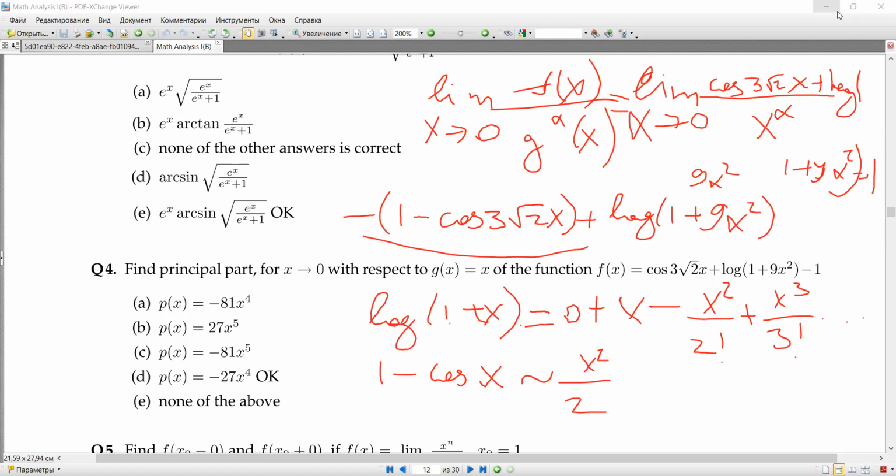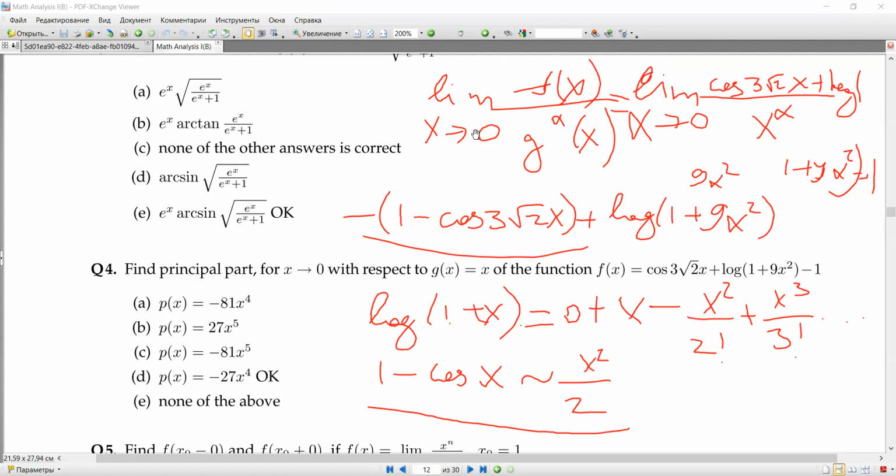Yes, correct, Abdullah. That's why we can use the equivalency this way: 1 minus cosine x is equivalent to x squared over 2. This is the first term, the same as your notation.